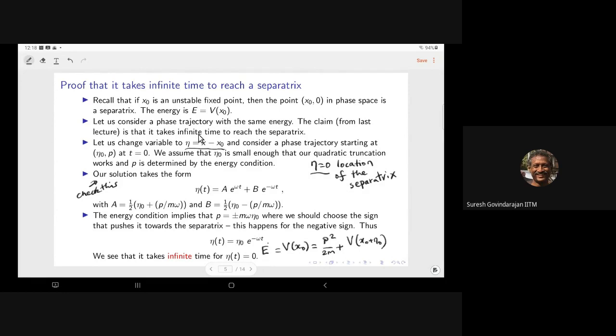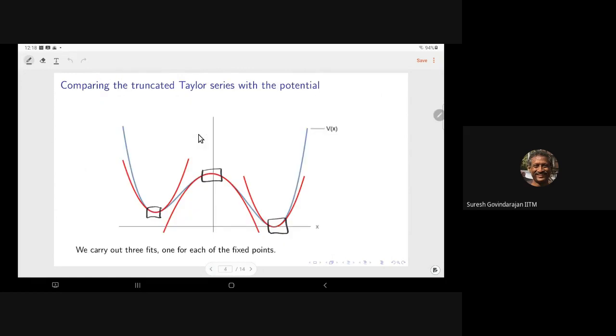Okay, is this argument clear? Let me just go back. It says that it's enough for me to look in this neighborhood where the approximation is very, very good. I have freedom in choosing it. You can say, what happens if it is further away?